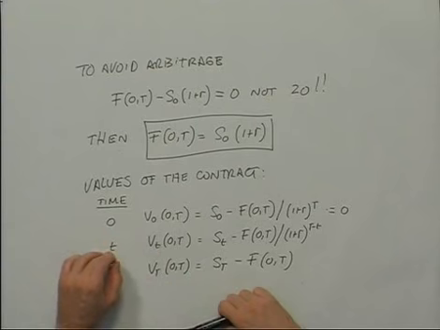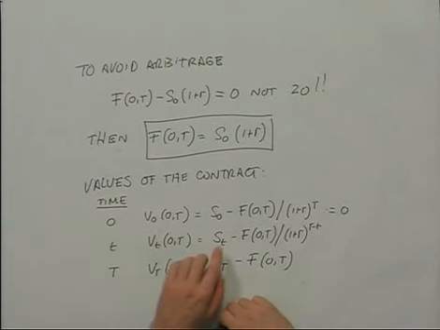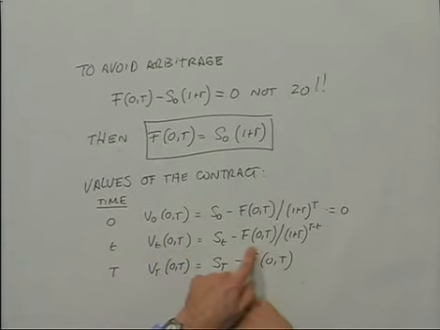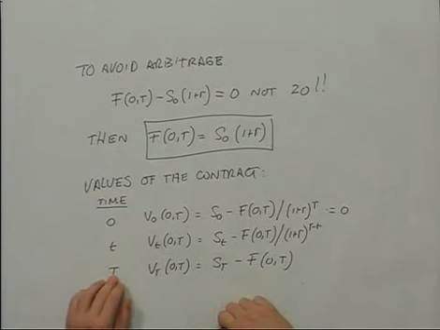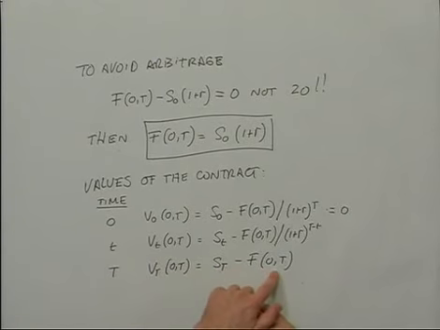At any arbitrary time between the time to expiration and the original time, it should be the difference between S_t and the present value of the forward price. And at expiration, the value of this contract equals the difference between S_T and the forward price.